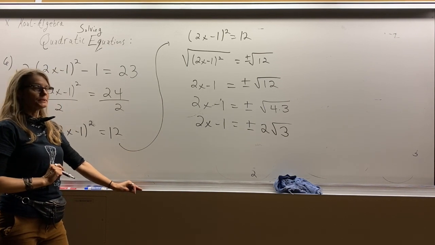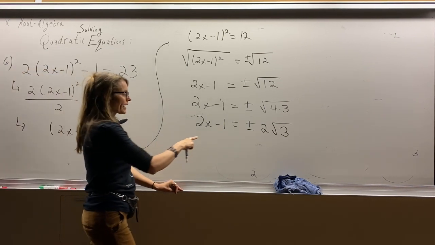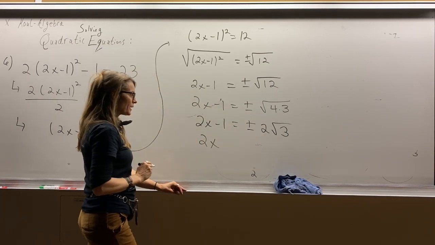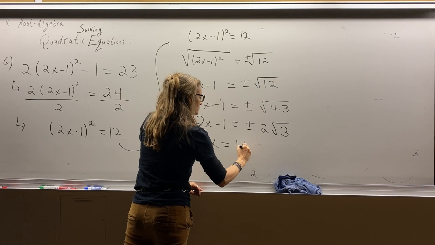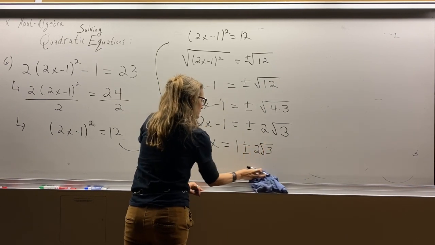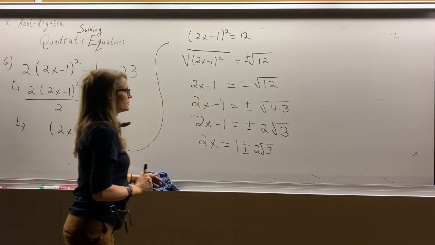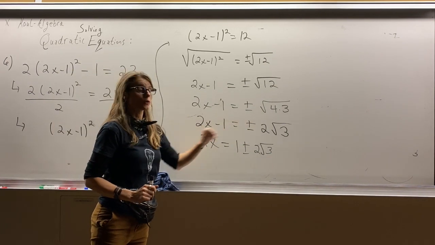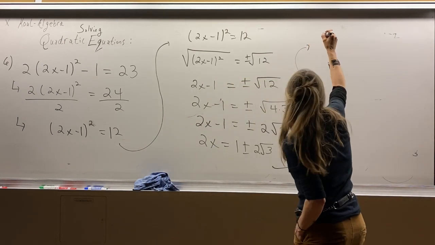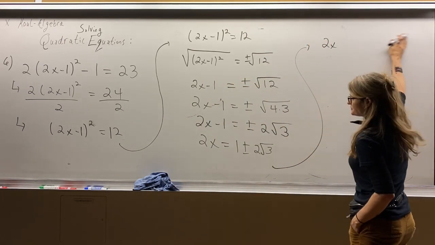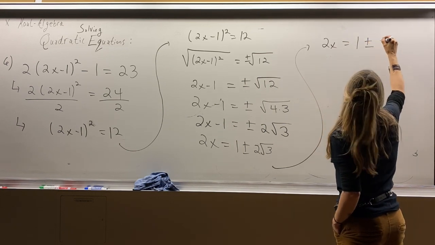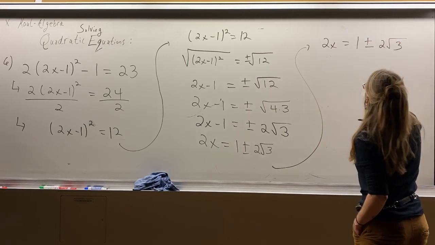Now what I want to do is bring my 1 over to the other side, or add 1 to both sides. I end up with 2x equals 1 plus or minus 2 square roots of 3.